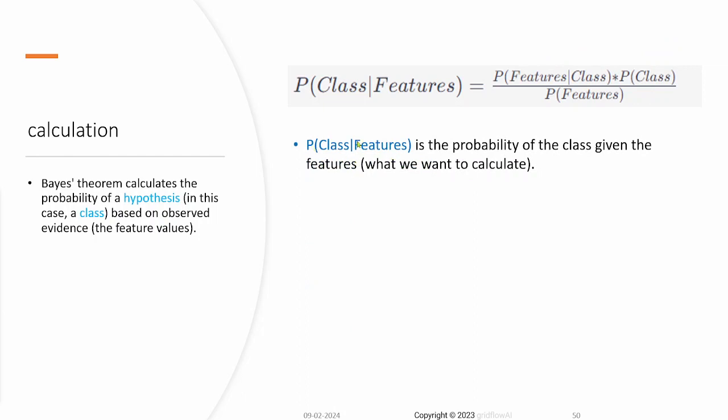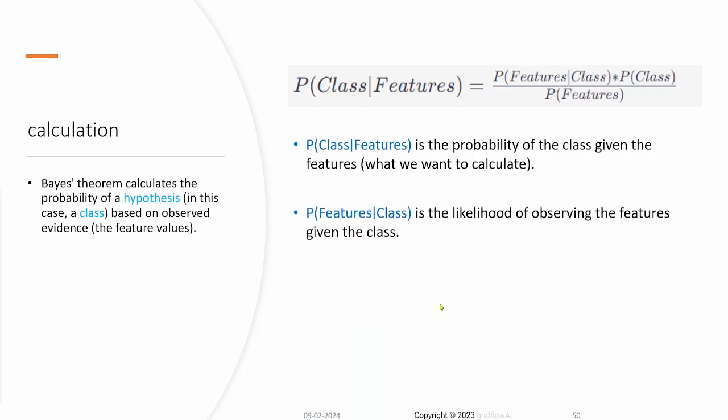The first one is the probability of the class given the features. This is what we want to compute, the hypothesis given the input data. How likely is it that the input data belongs to a class of 0 or 1? Then the probability of the features given a class, that means within a particular class, what are the probabilities of the words? We are talking about words here, since this is going to be the IMDb dataset, so the features are going to be words.